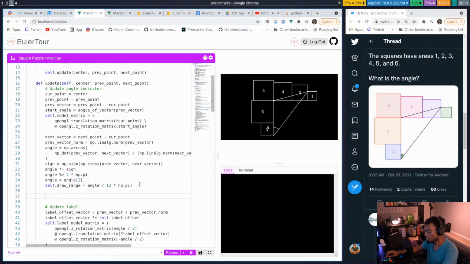And the angle would the dot product A dot B is this thing, cosine of the angle between them, theta.